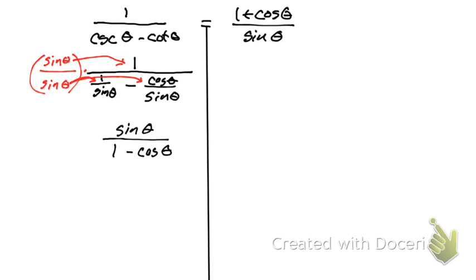You can actually do this all on one side if you want to, too. Because now I could multiply the top and bottom by 1 plus cosine. Oh, no, I'm talking about the 1 plus cosine theta over sine theta. Mm-hmm. You got it to equal this? Yeah. Okay, good.